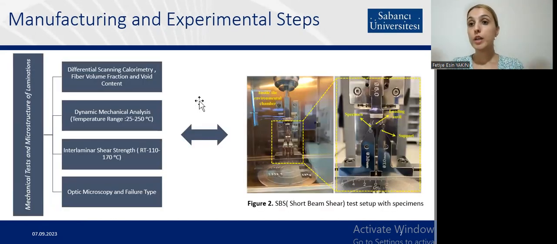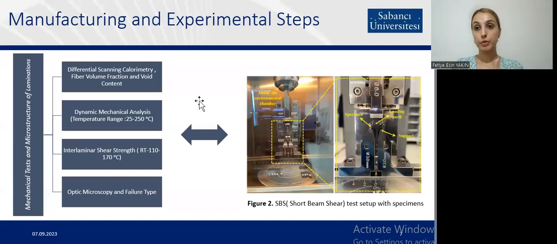After we got the composite laminates, we applied both characterization experiments and mechanical tests. Our experimental procedures are divided into four parts. The first part is the characterization experiments: differential scanning calorimetry, fiber volume fraction, and void content.